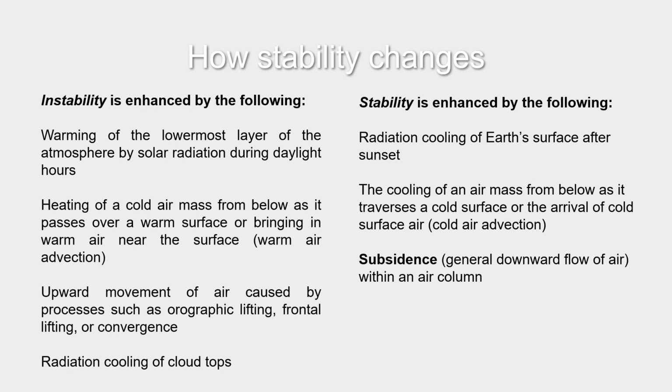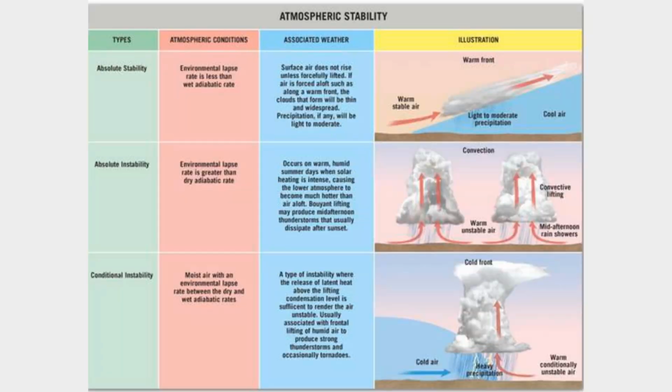So again, this is just the illustration, or the summary in total, of the overall atmospheric stability. We have the three different types: absolute stability, absolute instability, and conditional instability.